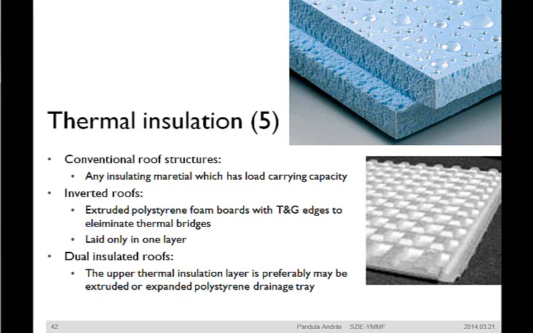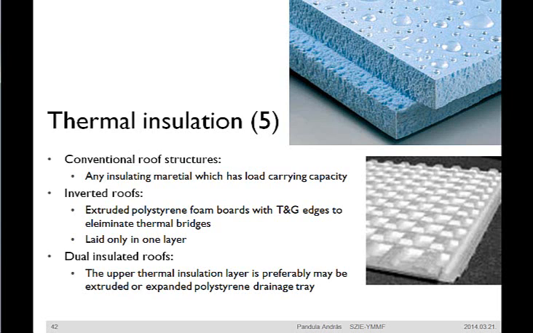The thermal insulation layer for conventional roofs or the lower insulation layer of roofs with double insulated layer can be any thermal insulated material which has enough load-bearing capacity. In this respect, we can use rigid plastic foams, or we can use mineral wool as well.